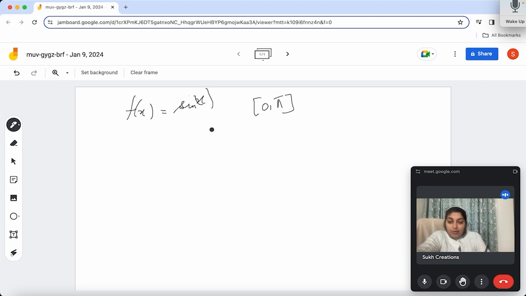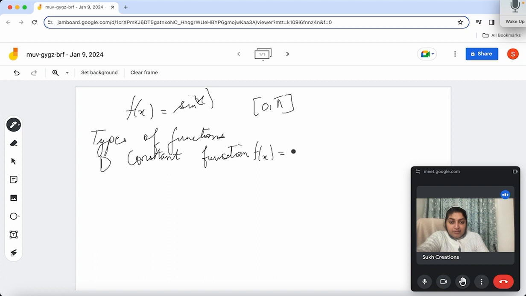Let's dive in. We'll discuss a few types of function over here. We'll be just naming them and we'll be discussing more of them in the next video. So types of functions. We have constant functions. A constant function, for example, is f(x) equal to c, where c is a constant value.